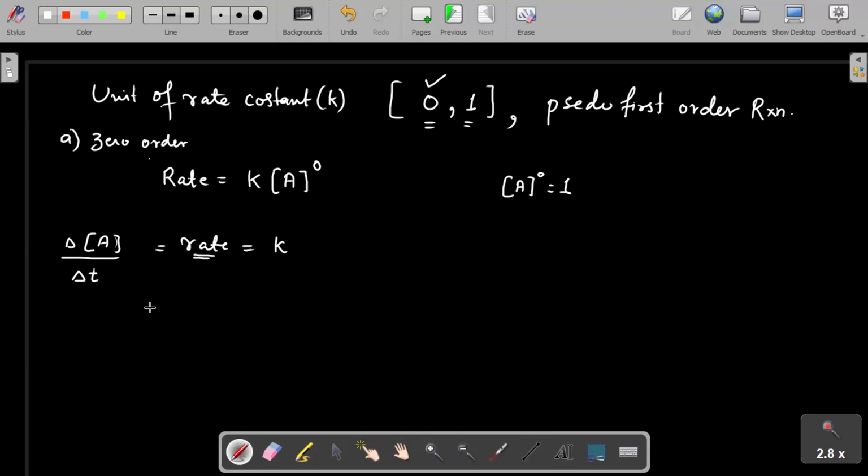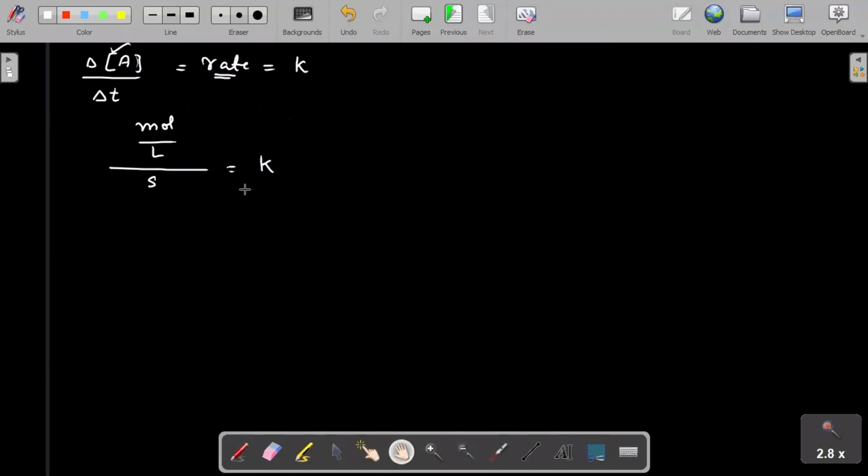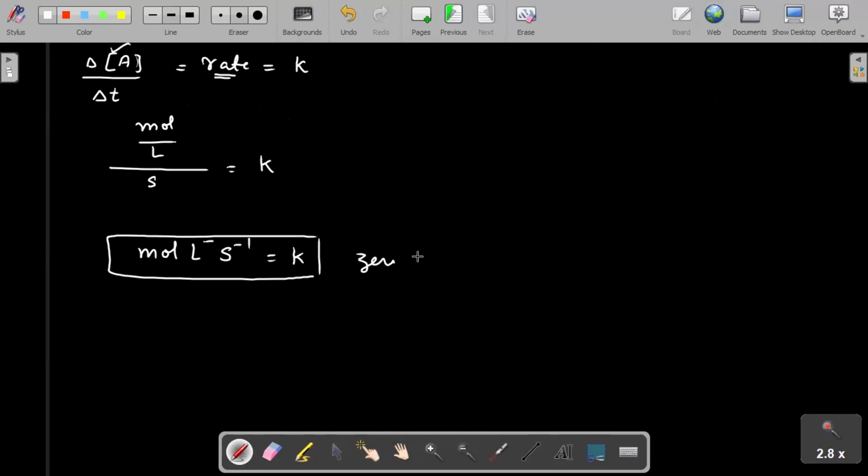The unit of concentration is moles per liter, and the unit of time is second. So the unit of K for zero order is moles per liter per second.